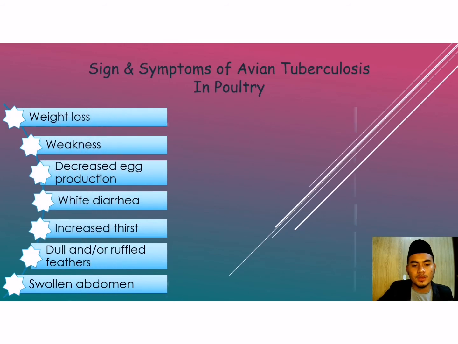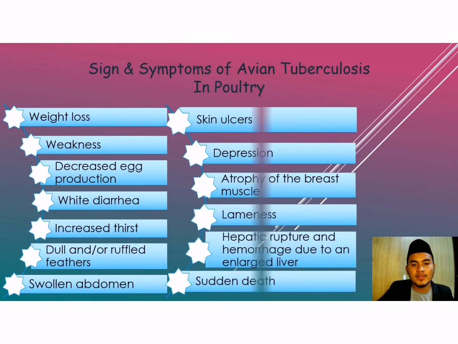So, as you can see, there are 13 signs and symptoms of avian tuberculosis in poultry. The first is weight loss. Second is weakness. Third, decreased egg production.